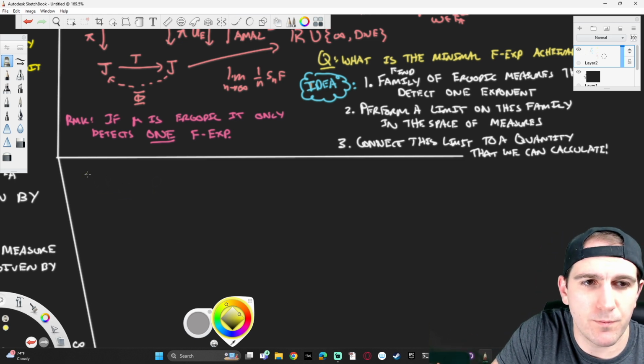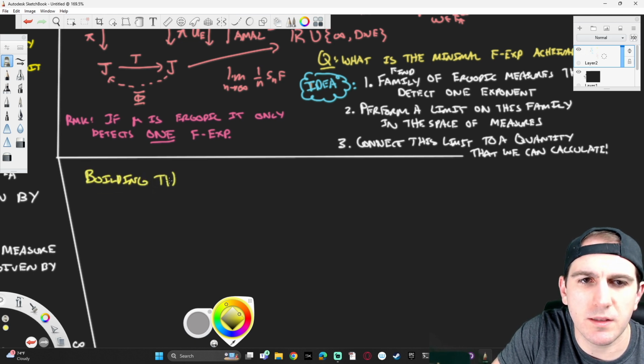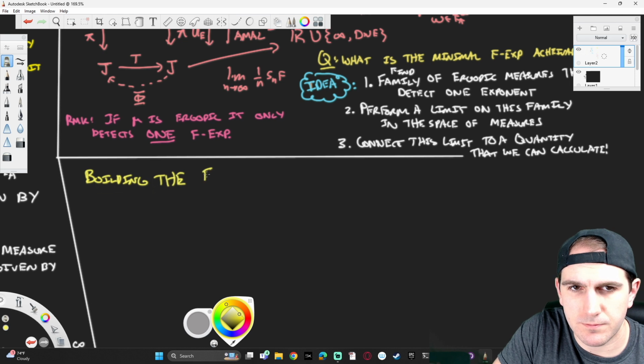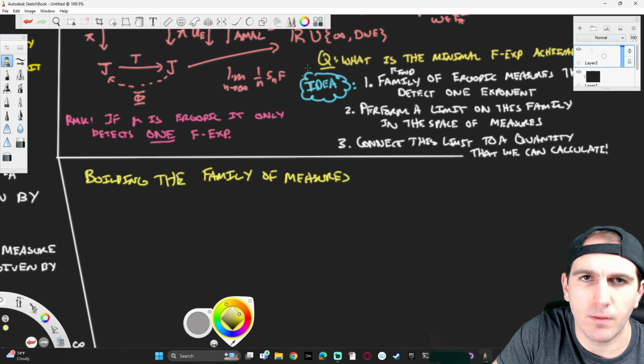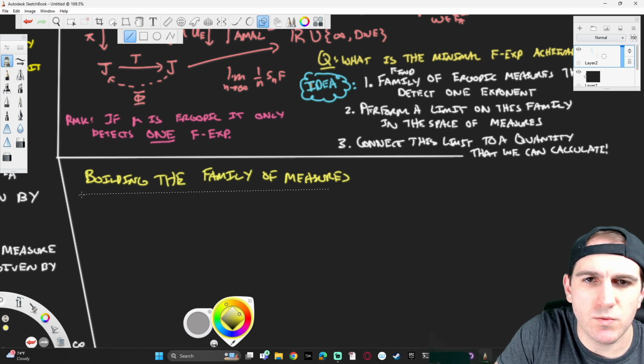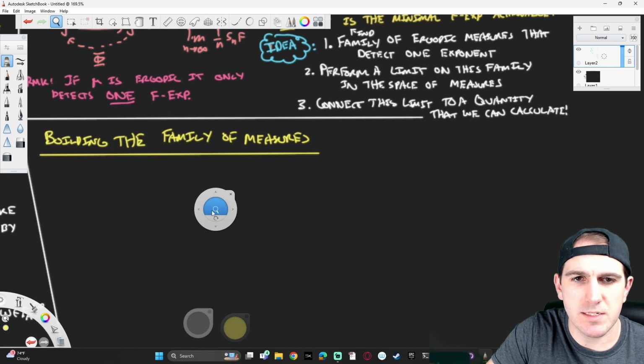So for building the potentials or building the measures, what we do is we first look at some thermodynamic formalism. So I need to define a pressure.